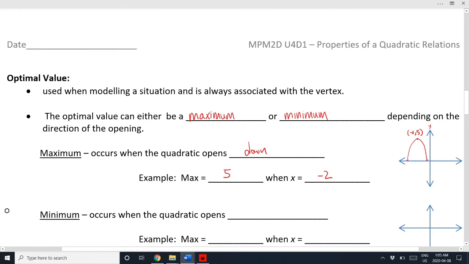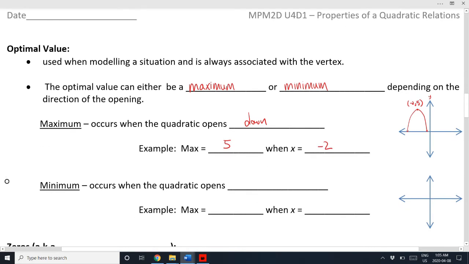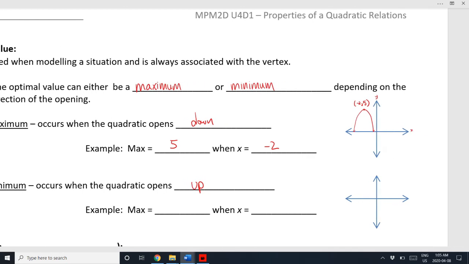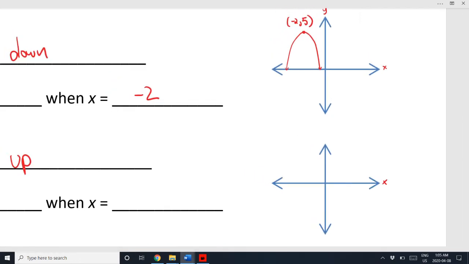Let's try an example of a minimum value. A minimum occurs when the quadratic opens up. For example, let's take a look at our graph here. Imagine this is your horizontal distance and this is your vertical distance, and you are on a ride, and the ride moved in this motion.